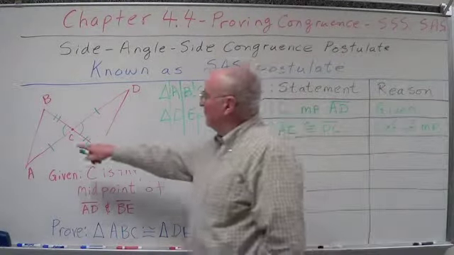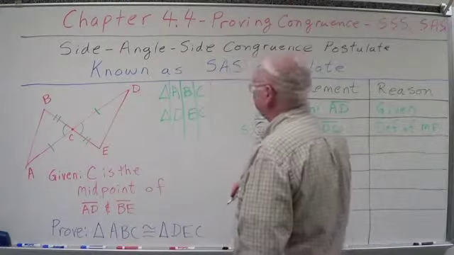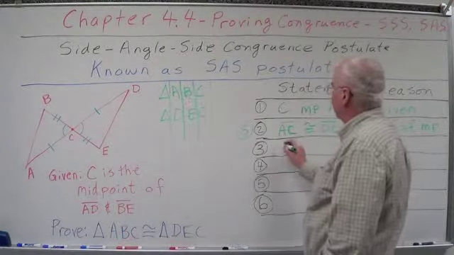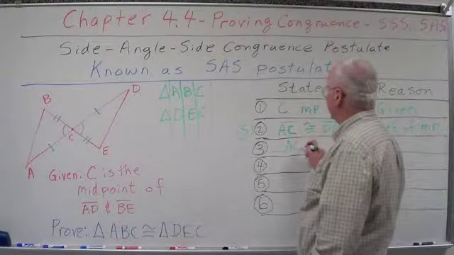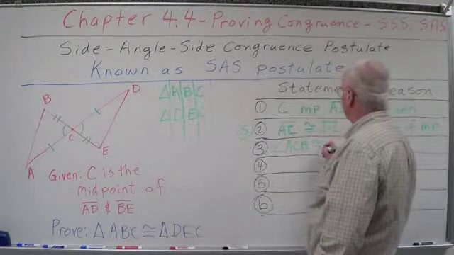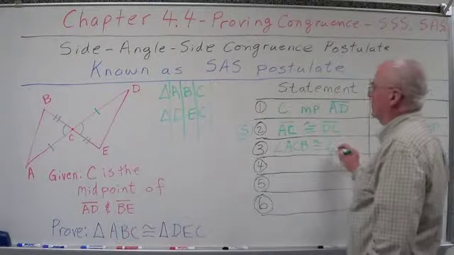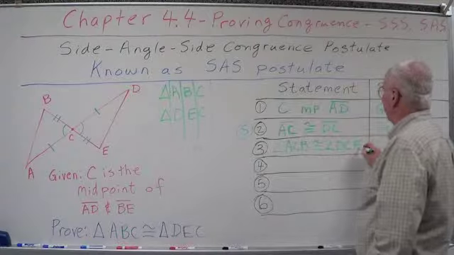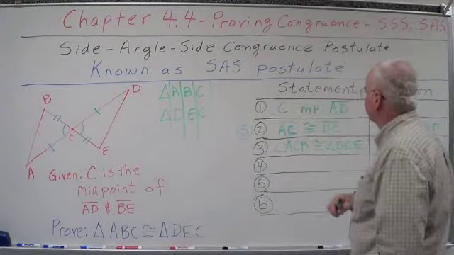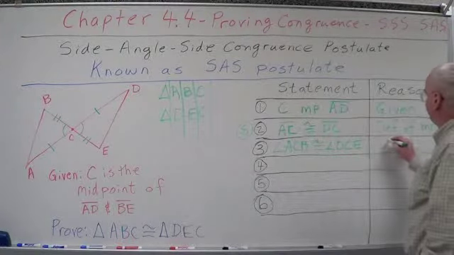Now, let's go ahead and work ourselves around because the next thing we want is an angle. Well, what do we know? We know that angle ACB is congruent to angle DCE. And again, we use the corresponding setup. Why?